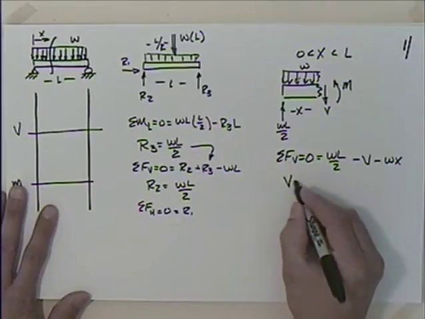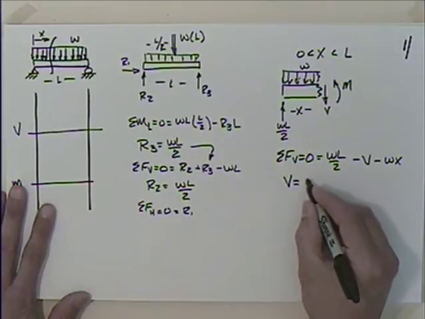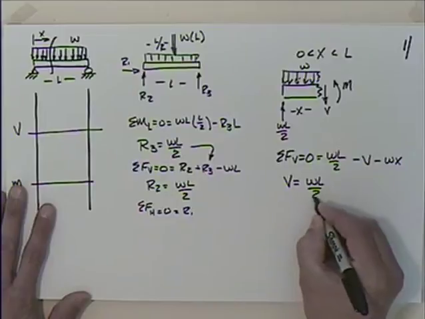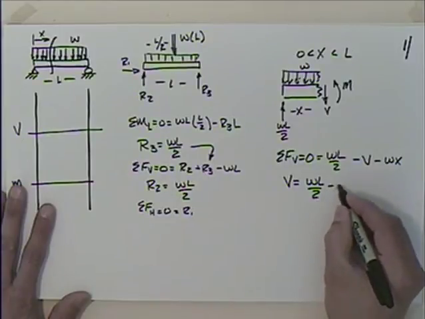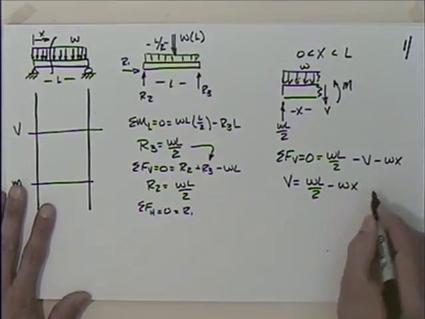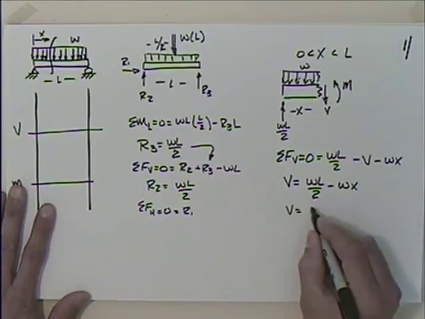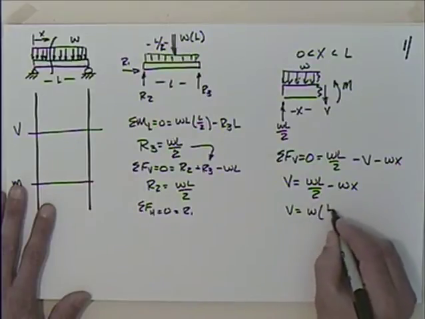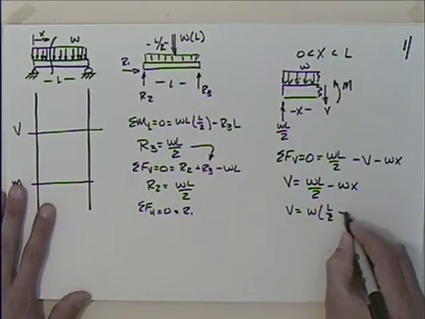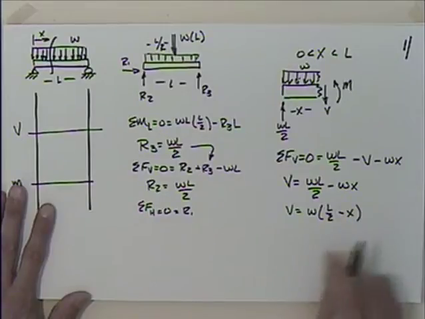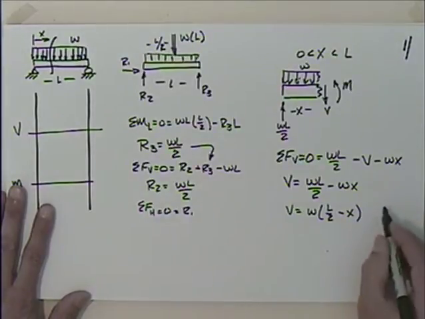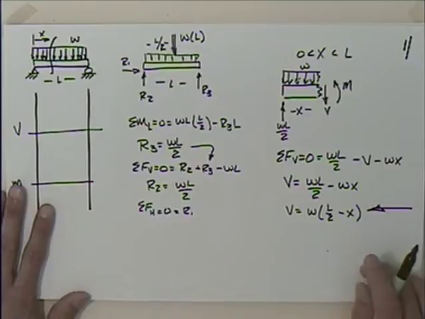So V is equal to WL over 2 minus WX. Or I could say, if I wanted to, that V is equal to W times L over 2 minus X. Okay, so we'll hang on to that.